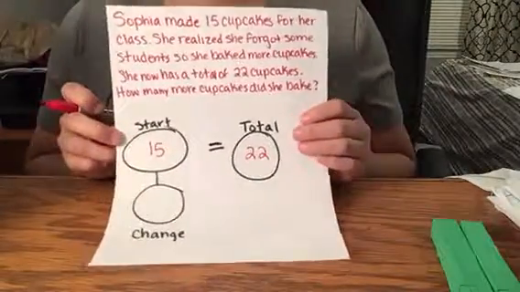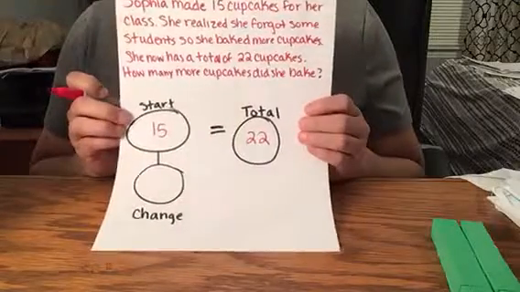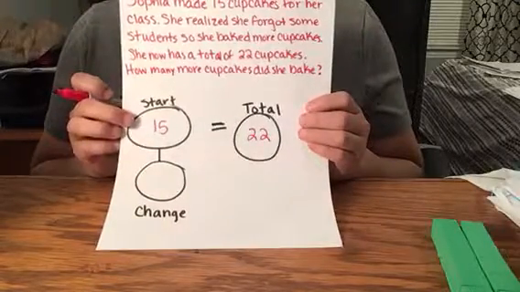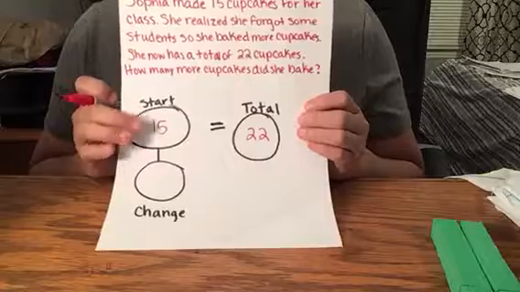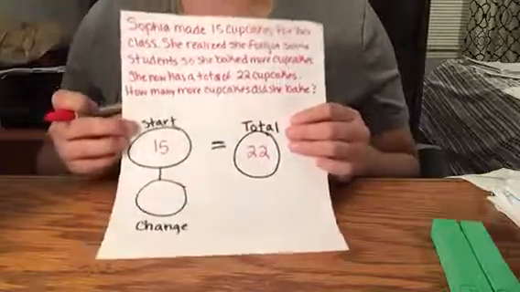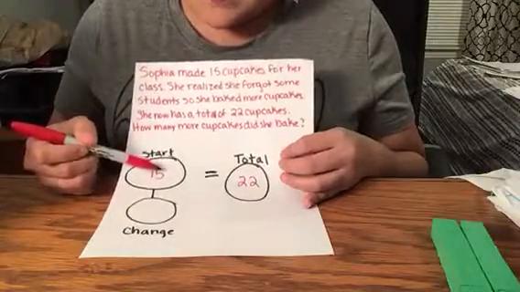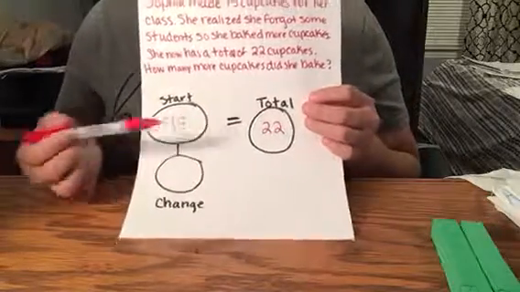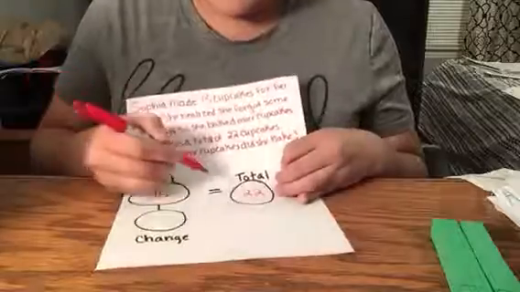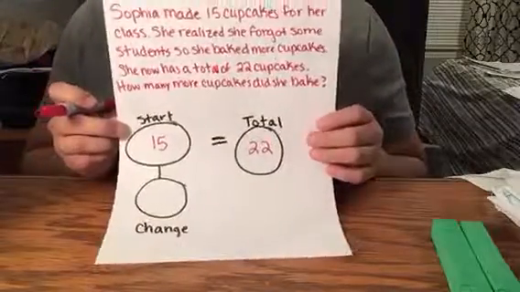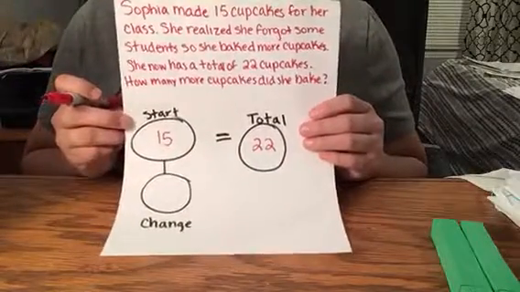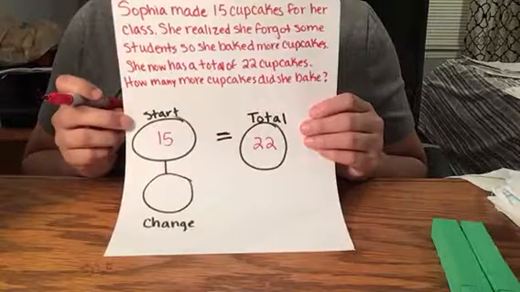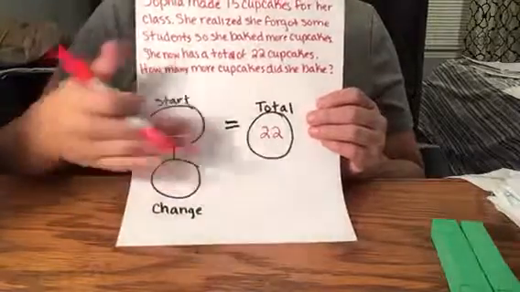Now, we need to balance both of our sides, our scale. So, 15 equals 22. That is not balanced. The equal sign is significant for a balanced scale. It has to be equal on both sides.